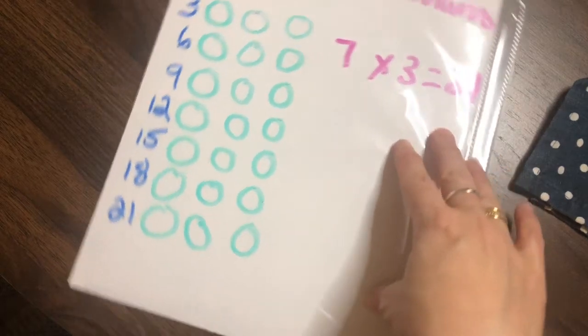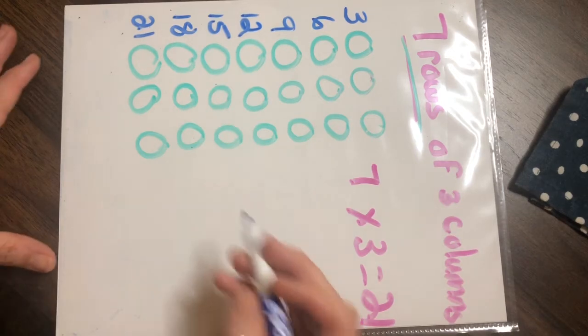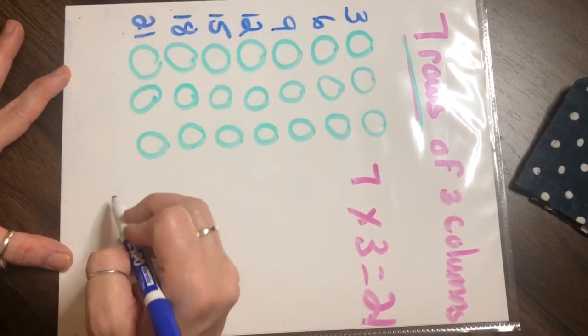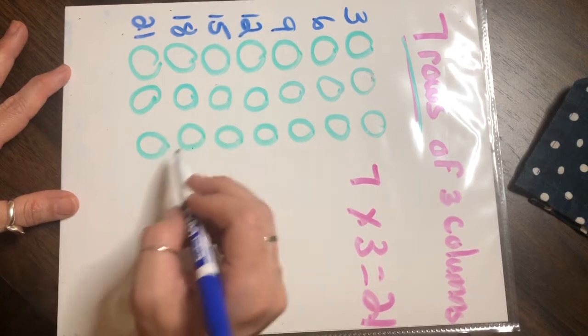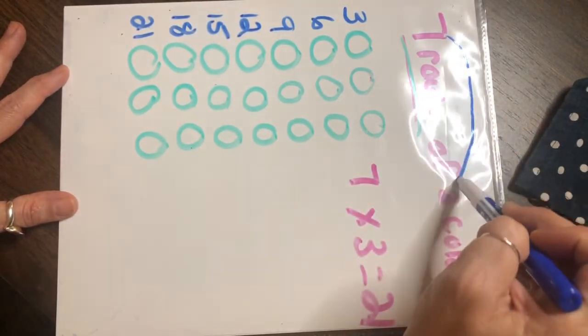All right, with your magic trick, make a whole new array. Write the new equation. Pause the video until you're done. Yep, third graders, the new equation would switch the factors 7 and 3.